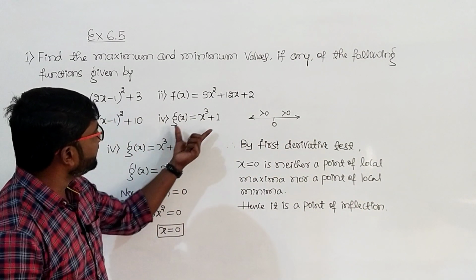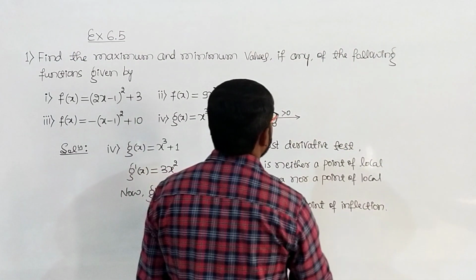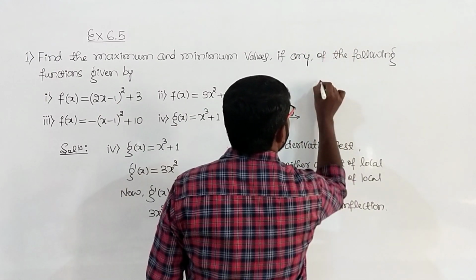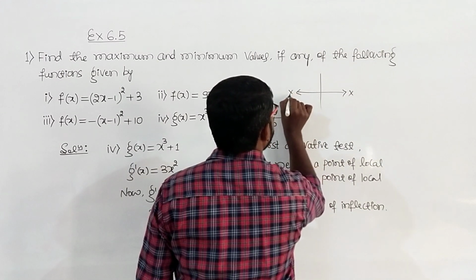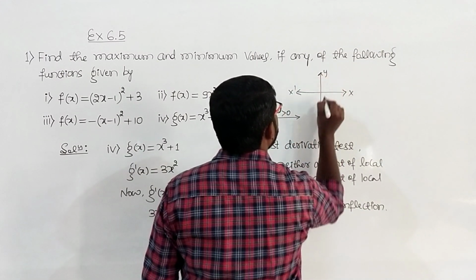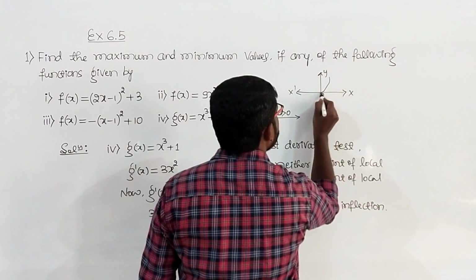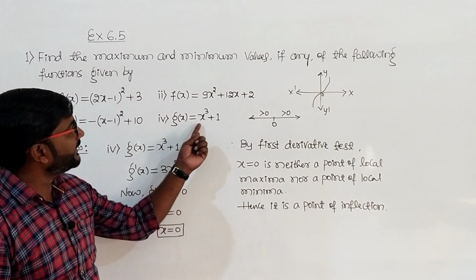Or else, if you draw the graph for x cube plus 1. In the introduction class I have already discussed how the graph of x cube looks. So this is the x axis, this is x dash, this is y, and this is y dash. This is the origin. This is the graph of x cube, but here we have x cube plus 1.